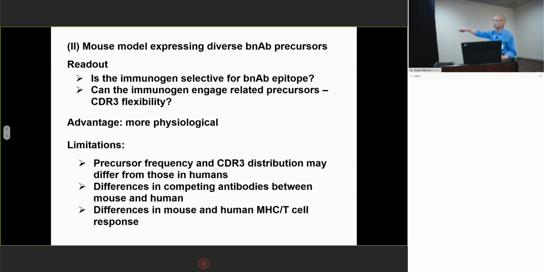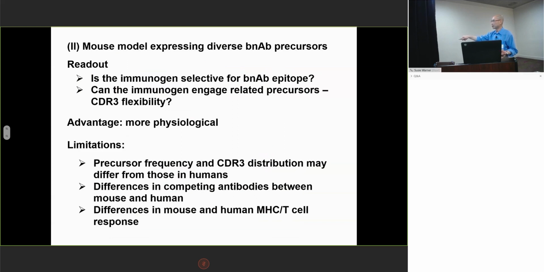It's a little more physiological relative to the first kind of mouse model, but there are still limitations. No matter how you try to make it diverse, the precursor frequency and CDR3 distribution will still be different from a real person, and the competing antibody would be mouse rather than human.